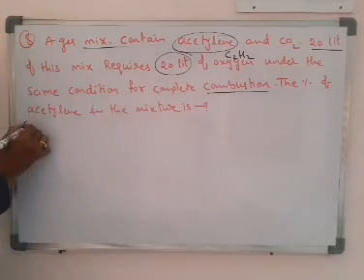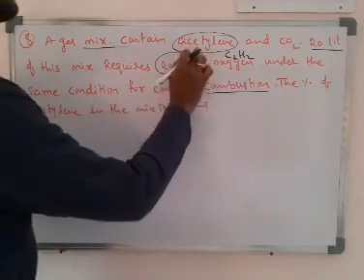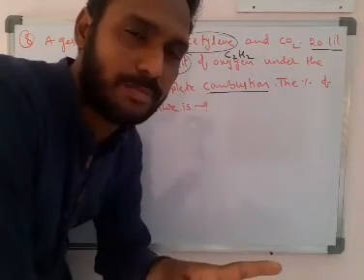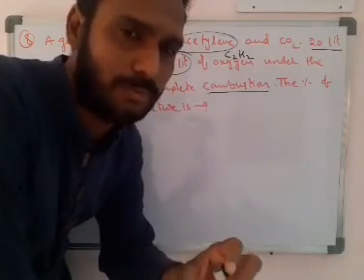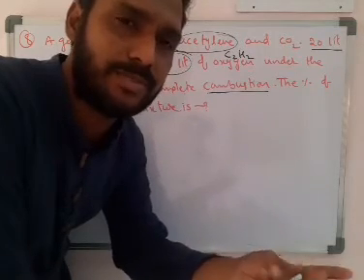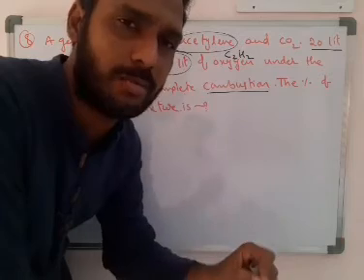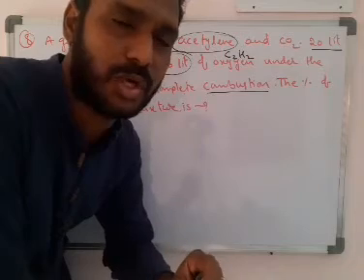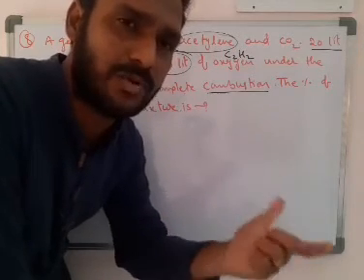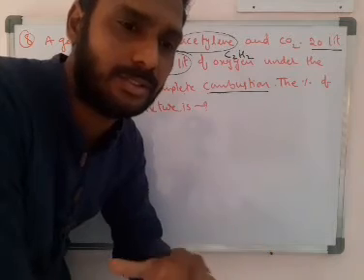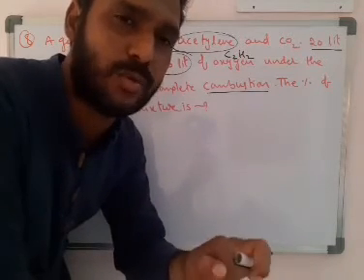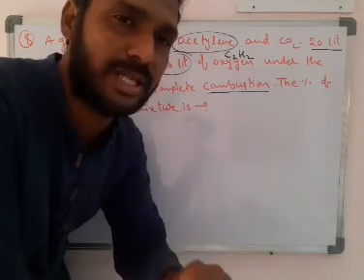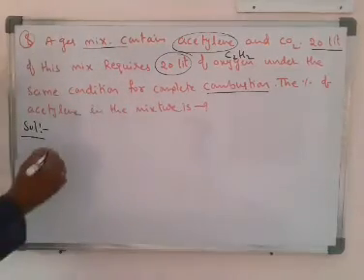Here we have to remember the mixture contains acetylene and carbon dioxide. Carbon has two types of oxides, carbon monoxide and carbon dioxide. Carbon monoxide, when it undergoes combustion, may be oxidized to carbon dioxide. But here carbon dioxide is already given, so there is no further oxidation of that carbon, as it is at the maximum oxidation state. So whatever oxygen is required for combustion is only for the combustion of acetylene.